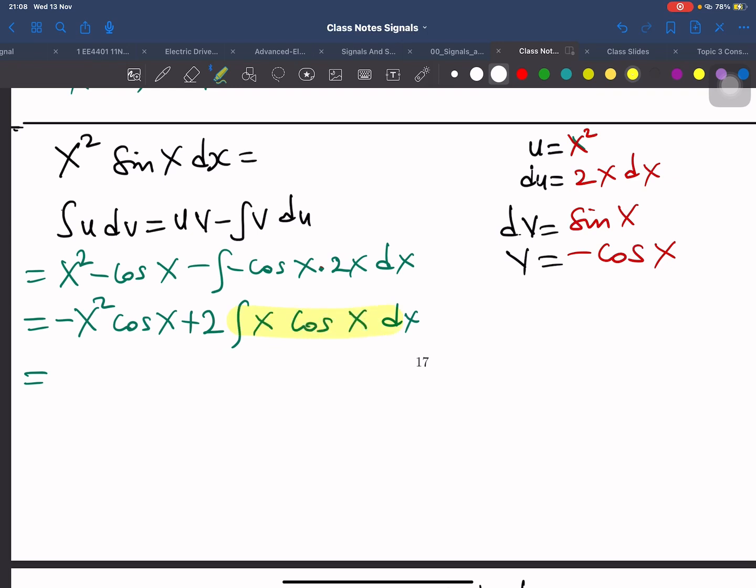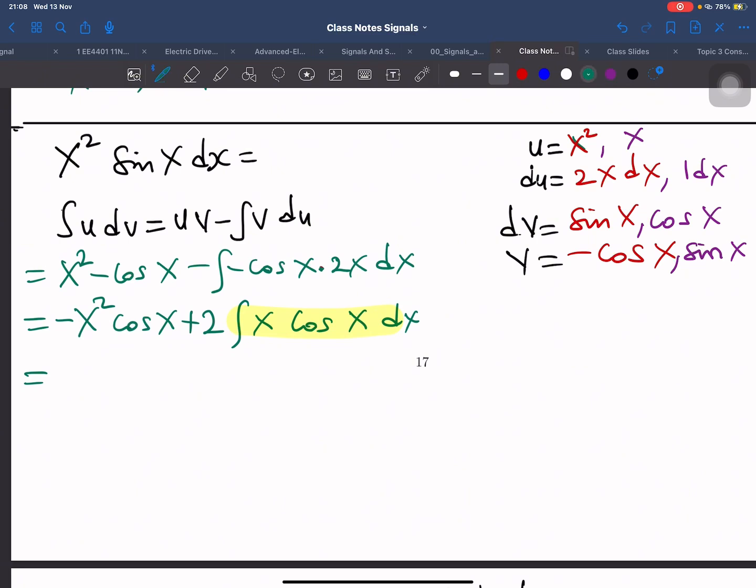So I'm going to integrate it again, and this time around our u will now be x, and our du will now become 1 dx, and the dv becomes the remaining part, cos x, and then our v will now become, if you integrate cos, you now get sine x.